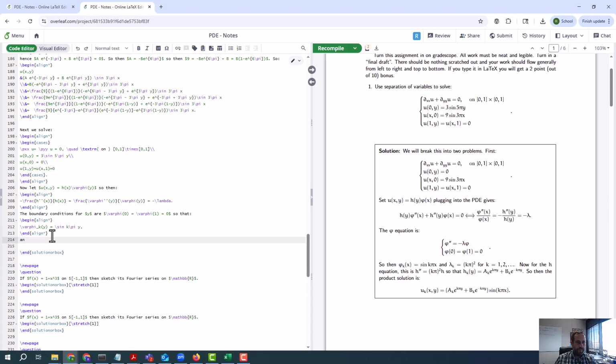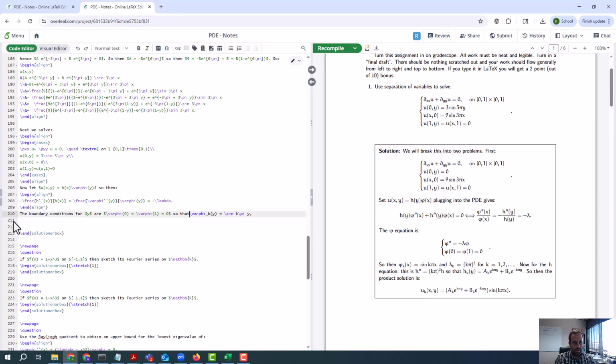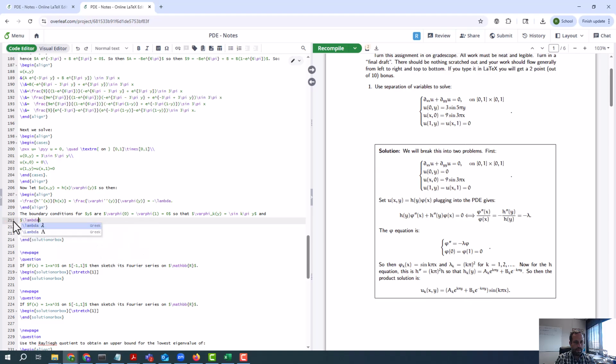Actually, I'm not even going to do that as an end line. Okay, so we're going to have this and lambda k equals k pi squared.